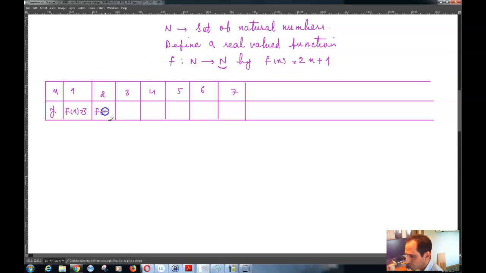F of 2, let me erase these parts so that we have some space to work with.